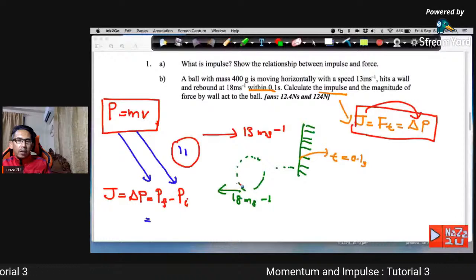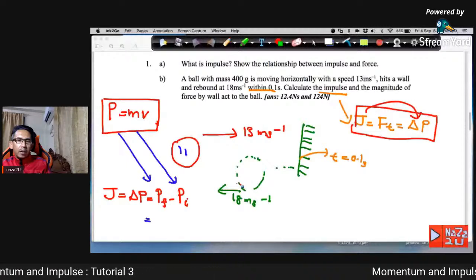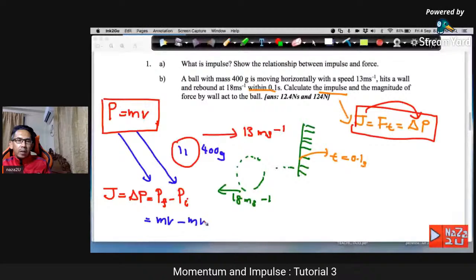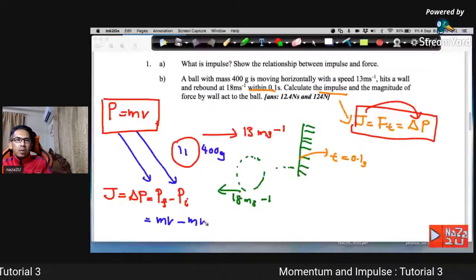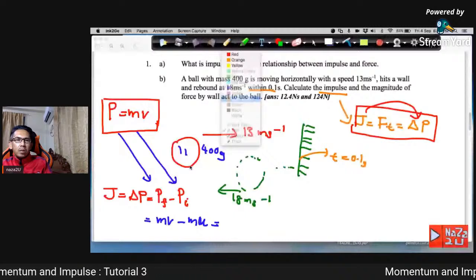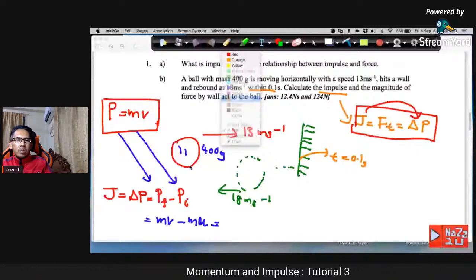So momentum is mv, final velocity, minus mu, initial velocity. The unit of mass here is gram, so convert to kilograms, 10 to the power of minus 3.